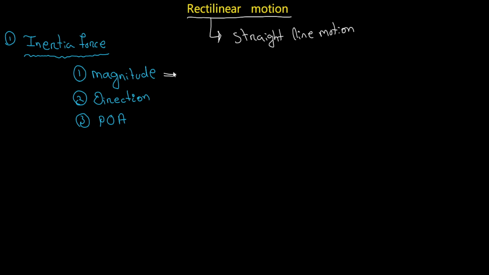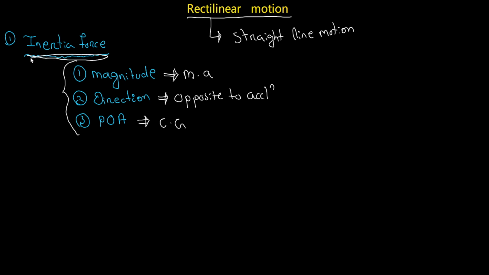Magnitude is simply mass into acceleration. Direction is opposite to acceleration. The point of application is at the center of gravity of the object. These are the three characteristics you have to remember as far as inertia force is concerned.